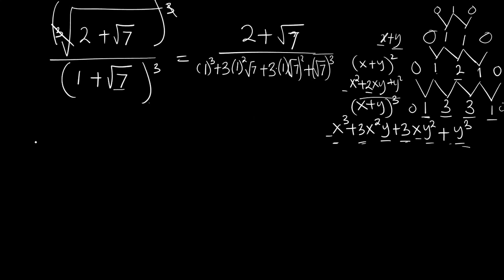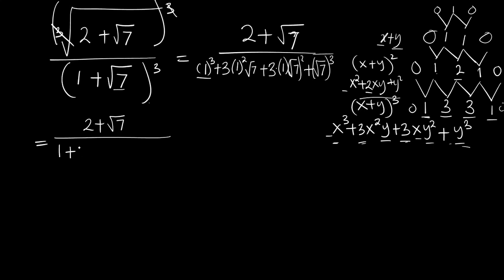So now what we're going to get is 2 plus the square root of 7 divided by 1 raised to power anything is 1, then plus you have 3 times 1 times root 7.